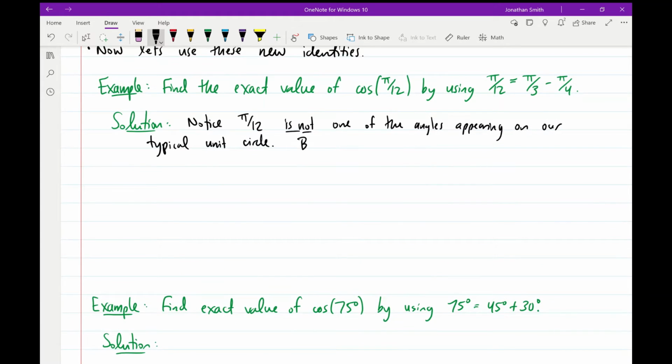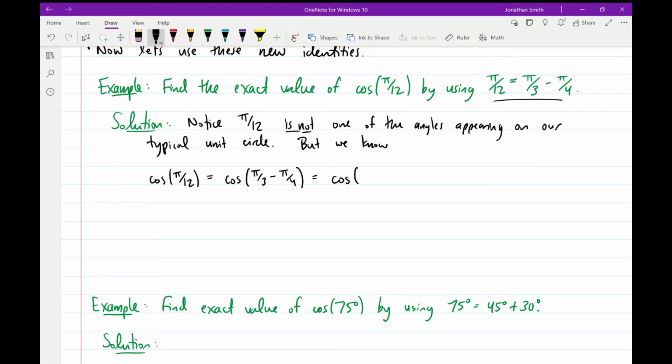All right, but we do know that cosine of pi over 12 has to be equal to cosine of pi over 3 minus pi over 4, because pi over 3 minus pi over 4 is just equal to pi over 12. But now we can rewrite this with our difference formula that we just found for cosine.